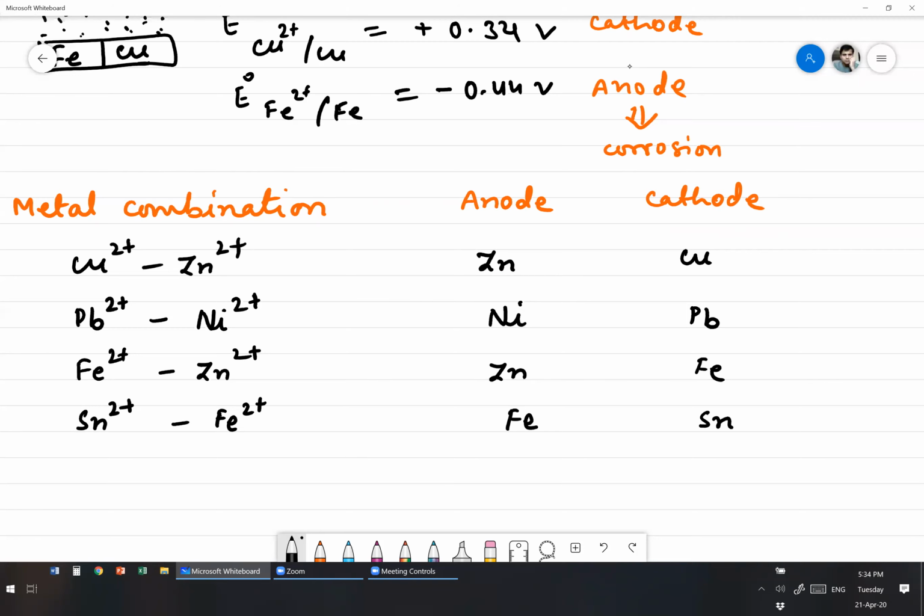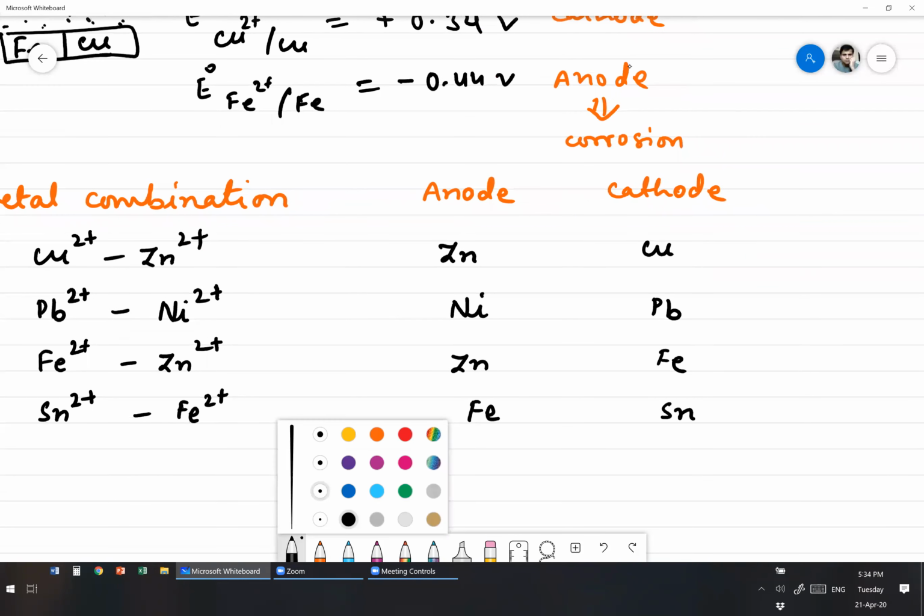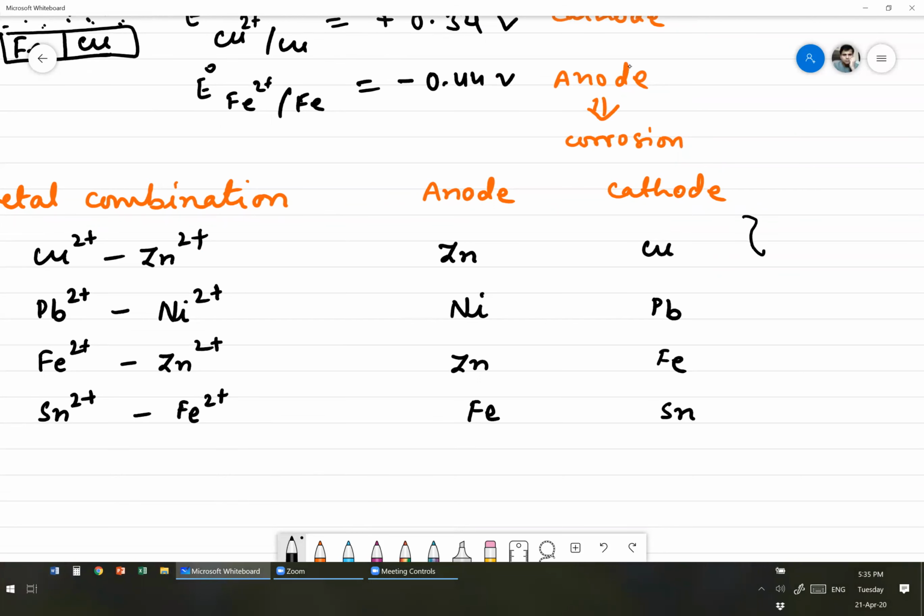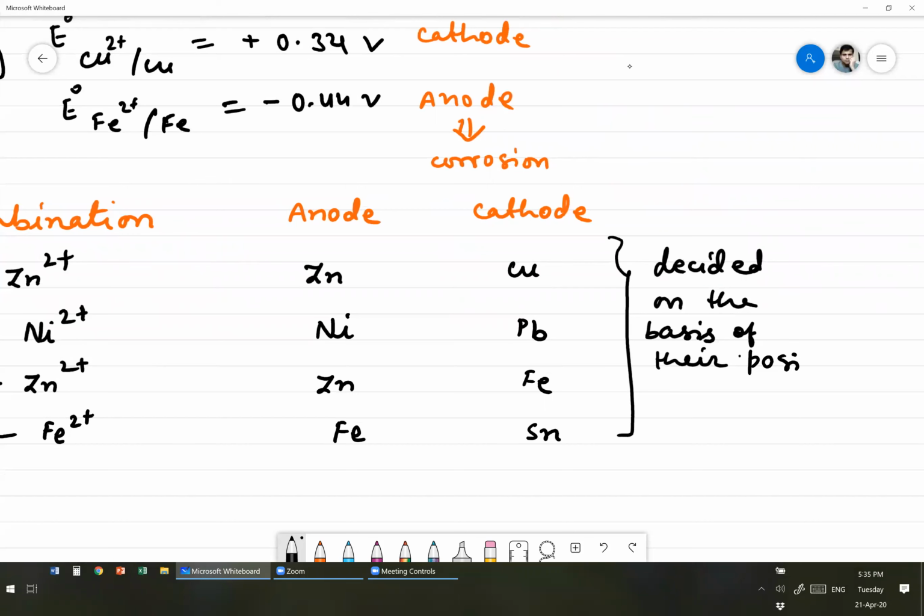So which metal will act as anode or cathode, we decide on the basis of their position in the electrochemical EMF series, right?